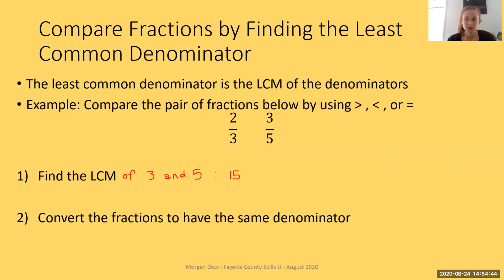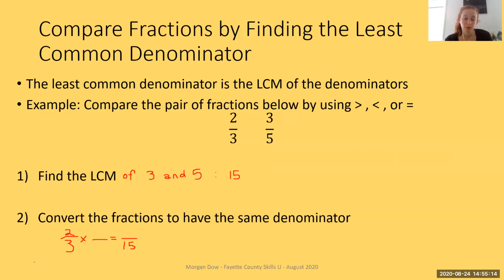So my next step is going to be to raise my fractions to have that denominator. So let's start with 2/3. I'm going to raise 2/3 so that it has a denominator of 15. So remember, raising a fraction means we're going to multiply the top and the bottom by the same number.